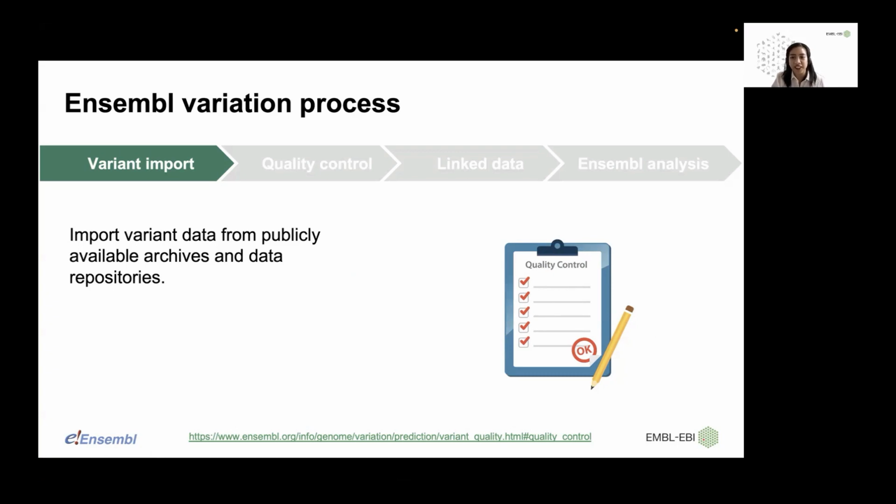For example, any alleles that contain ambiguity codes or non-nucleotide characters. And you can find out more about the different quality control measures that we apply in this link at the very bottom. I've just noticed that my slide here is wrong. So this should be quality control and not variant import.